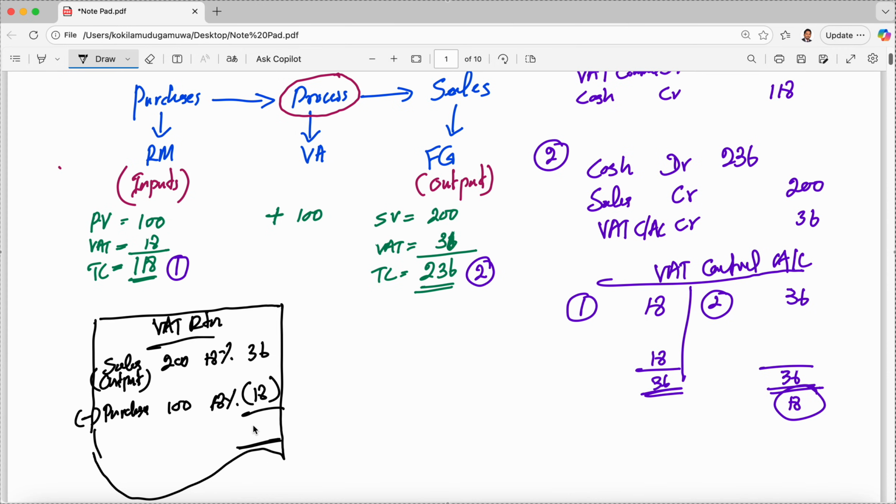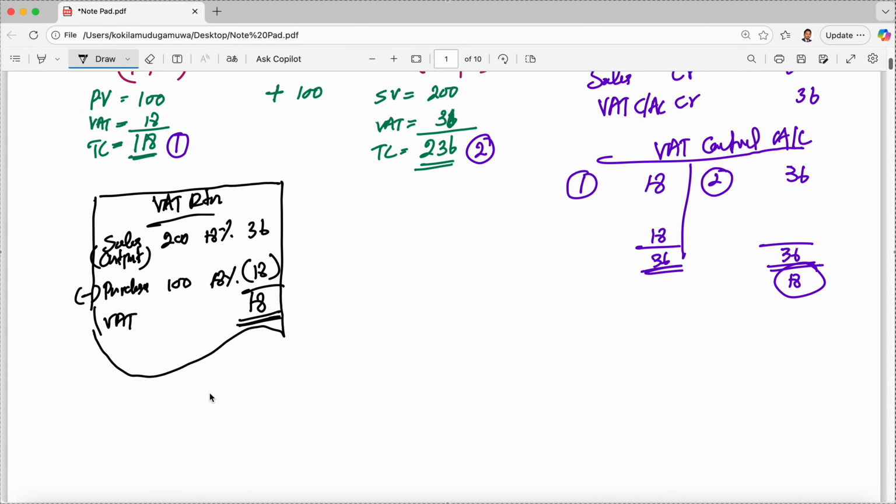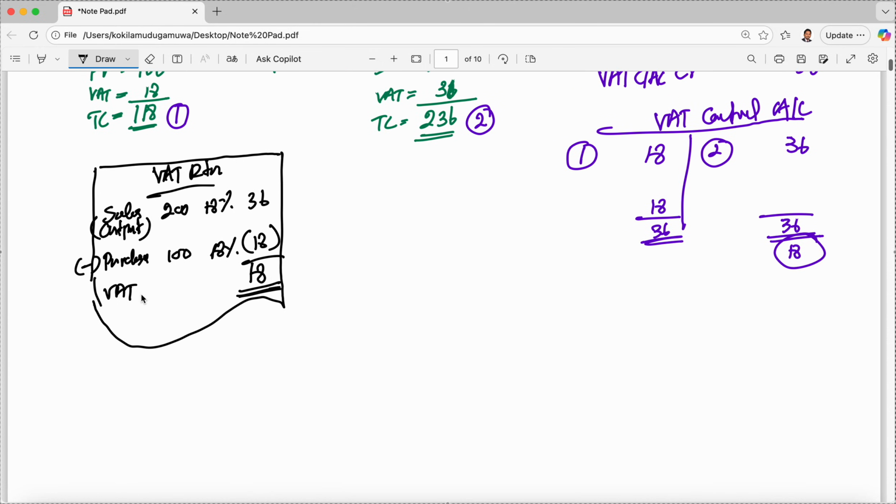Then the balance payable to the Inland Revenue Department is 18. This is called VAT payable or refund due. In this case we are having VAT payable, right?